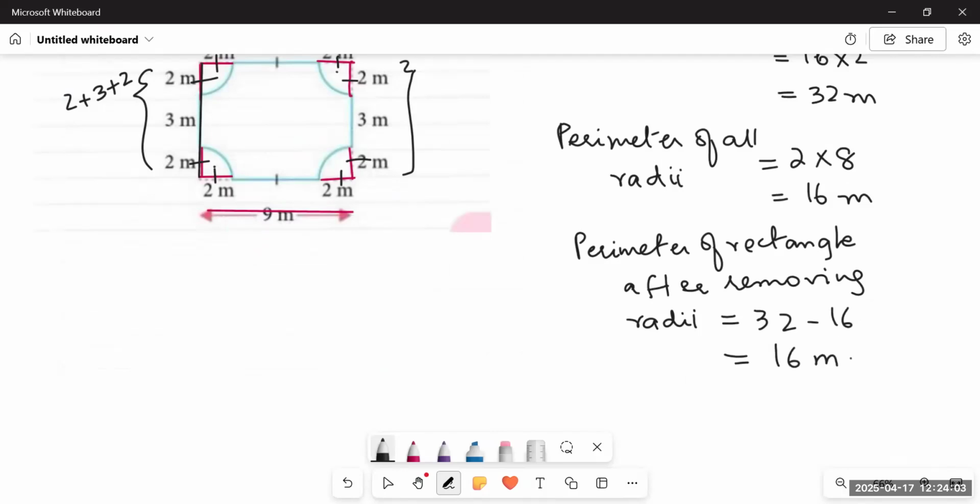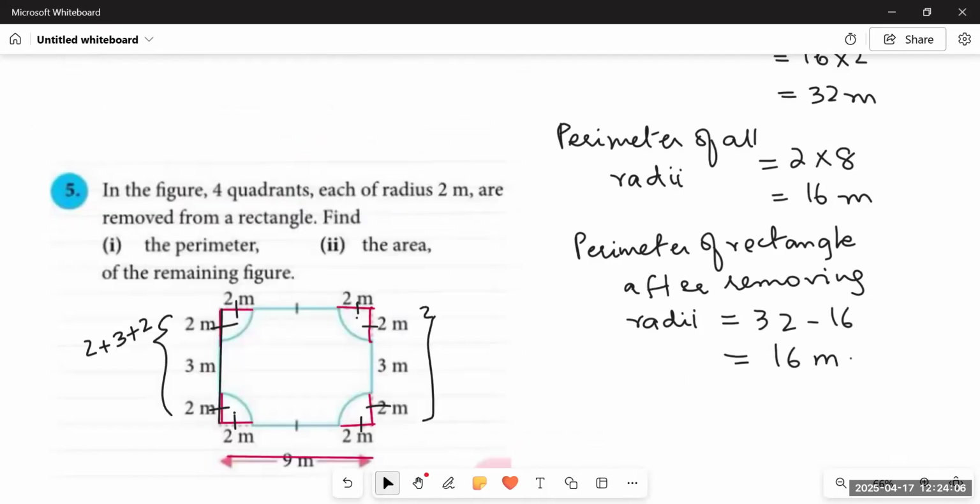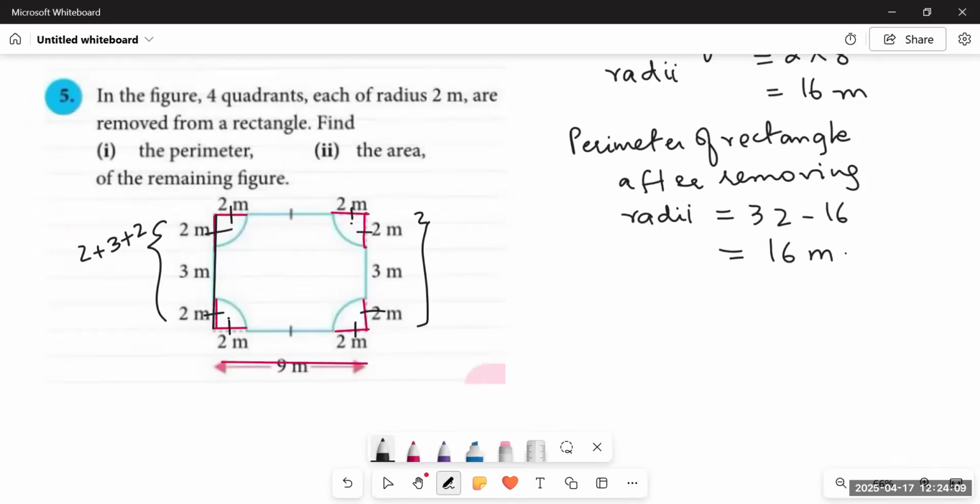But this is not the only case. Here something else has to be added. As you can see, the outer part of this shape includes the circumference of 4 quarter circles. So we have to find out the perimeter of 4, sorry, quarter circles.